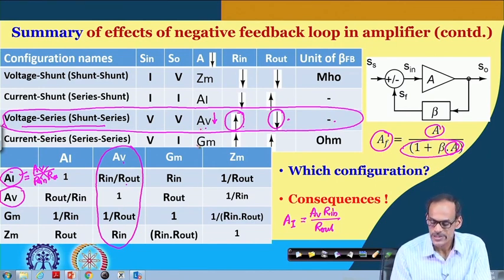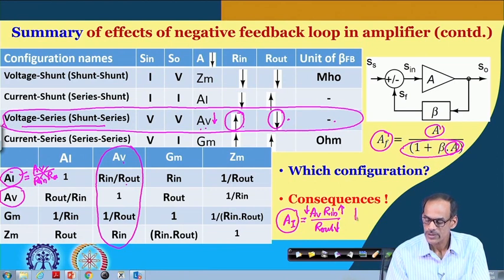As this table suggests, AV is getting reduced, R in is getting increased, and R out is getting decreased. So, in effect this AI is getting increased by the desensitization factor, because the decrease and the increase cancel, and the denominator is getting reduced, hence the net effect is that AI is getting increased.